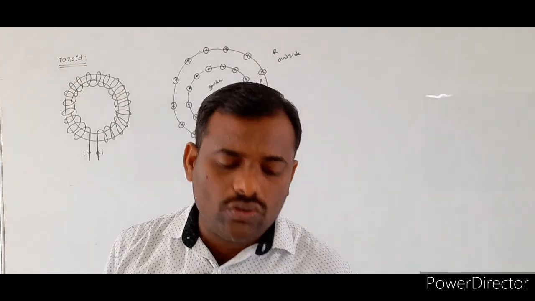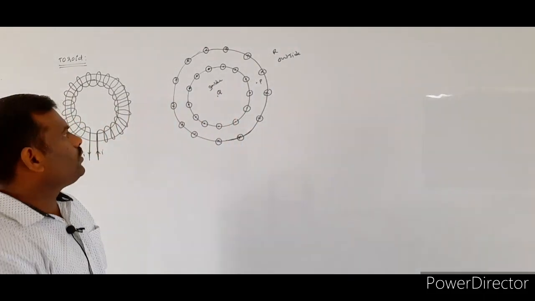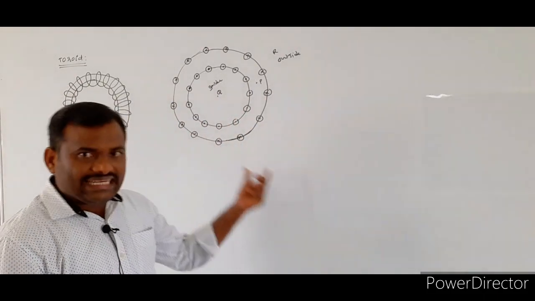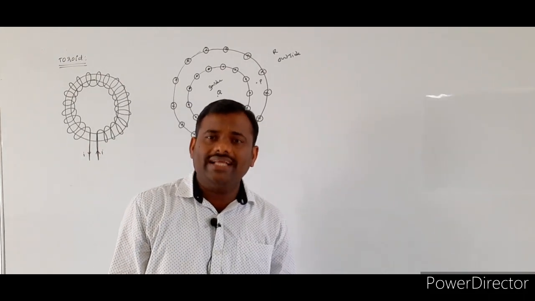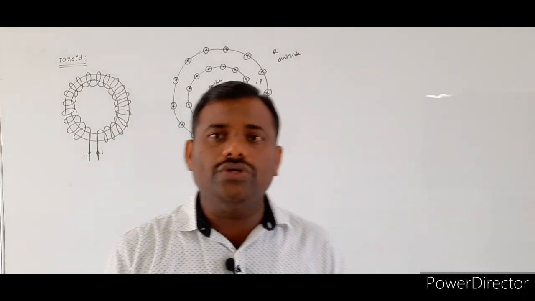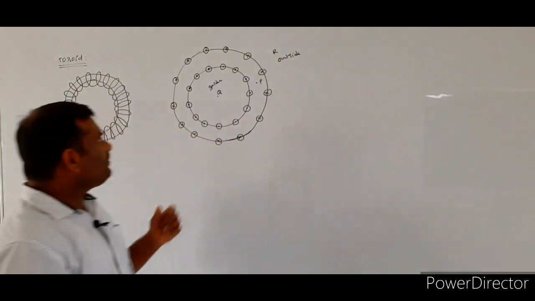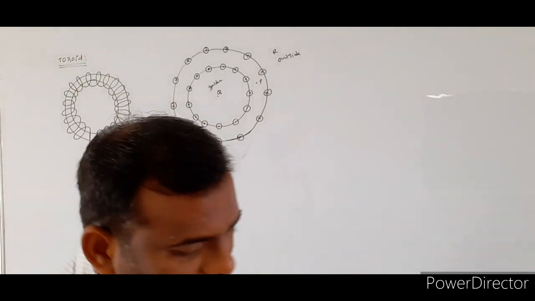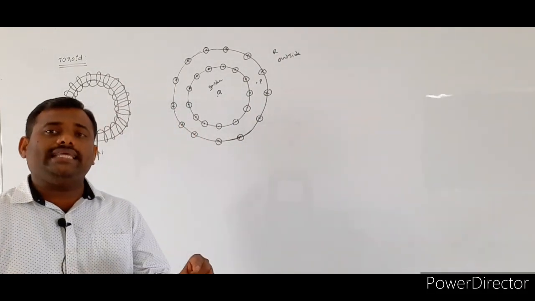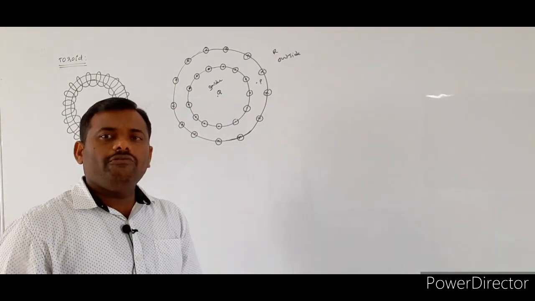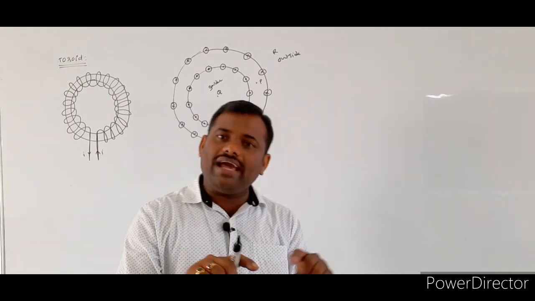Here also, what we are going to calculate is the magnetic field intensity which is produced by the toroid. The toroid is nothing but a long solenoid which was bent in the form of a circle.